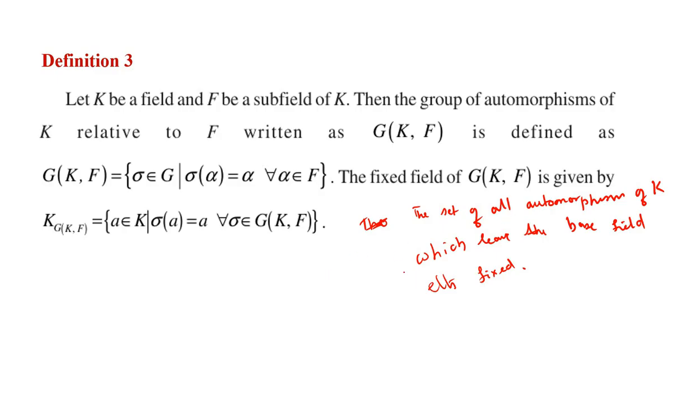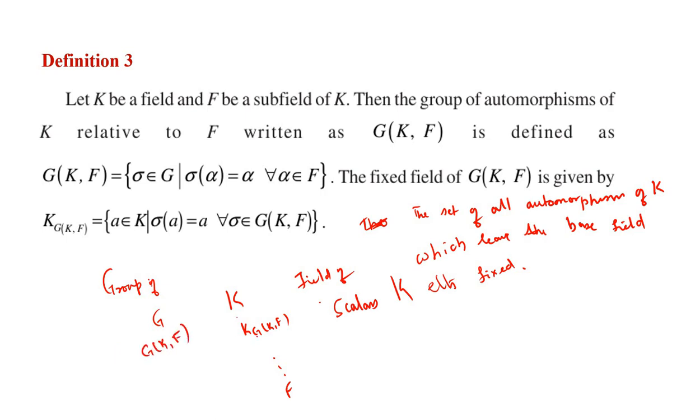One is about the scalars, which are all supplied from K, and the other one is the group, that is, the group of mappings. So you have the field of scalars, the group and the field. So we have K and G. Here in K we can have K, G(K/F) and so on, and finally it has F, and here G, G(K/F), depending on what all sub-collections, I mean subfields, that you have.